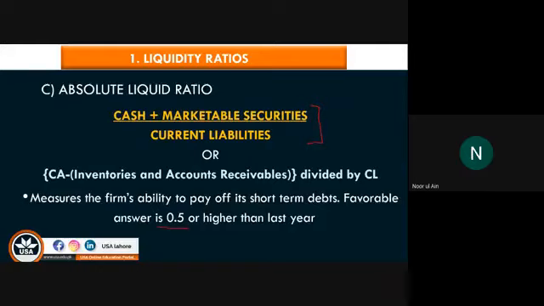But if it's less than 0.5 or if it's less than last year, you will say that the company needs to have more liquid assets in its balance sheet so that it will be in a safe condition. If it has to immediately pay off its current liabilities, it must have more cash or cash equivalent items in its balance sheet. So you will recommend or suggest some ways that the company needs to follow in order to bring it to a favorable condition.